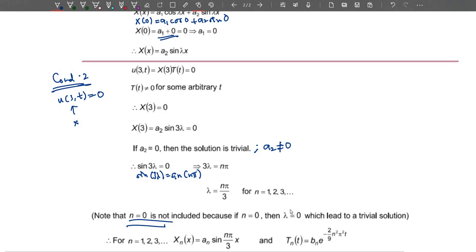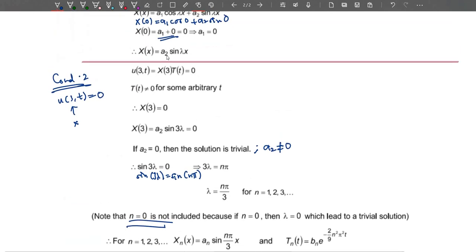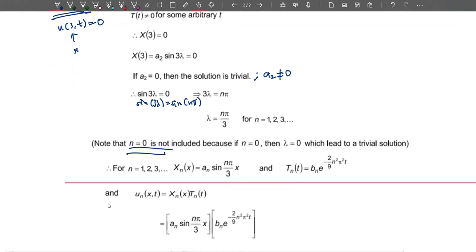That means we're not going to have a solution for u. Therefore for n equal to 1, 2, until infinity, this is our X_n, and this is the T_n. That means we just rewrite this X(x), but you need to add n. Then u_n(x,t) is equal to X_n(x) times T_n(t).